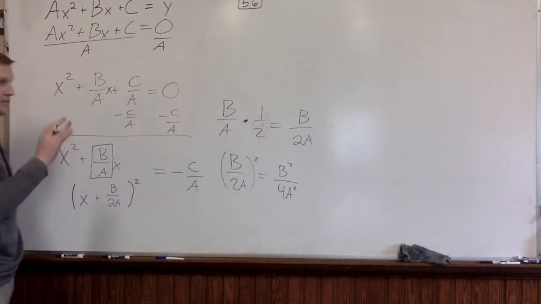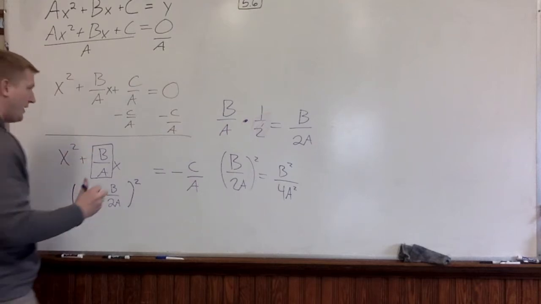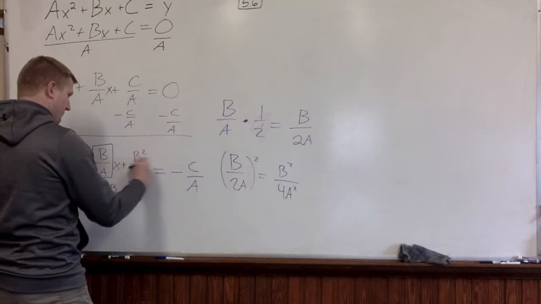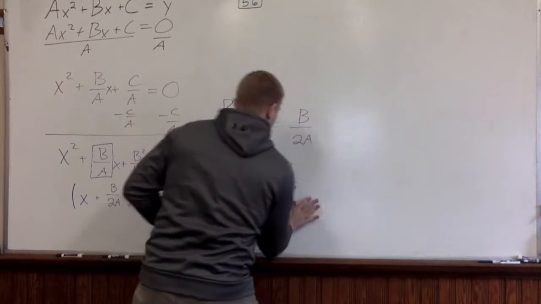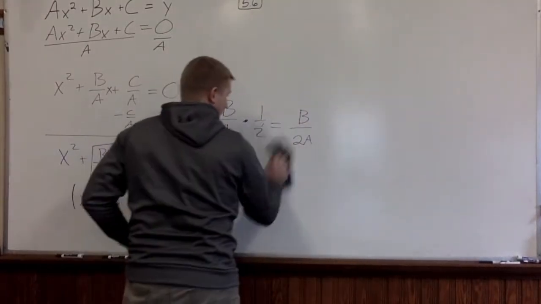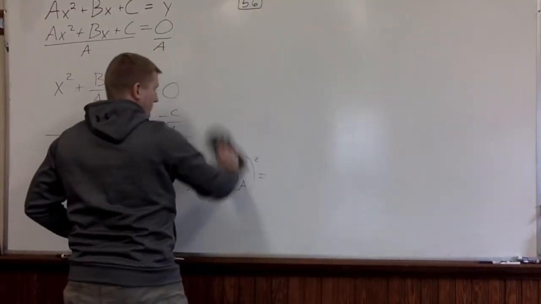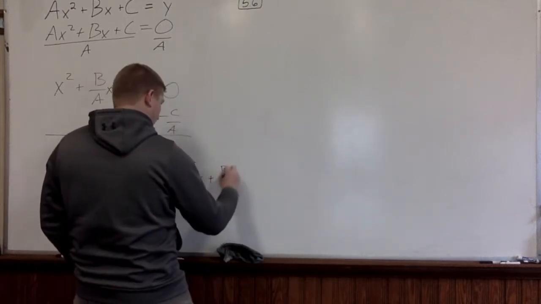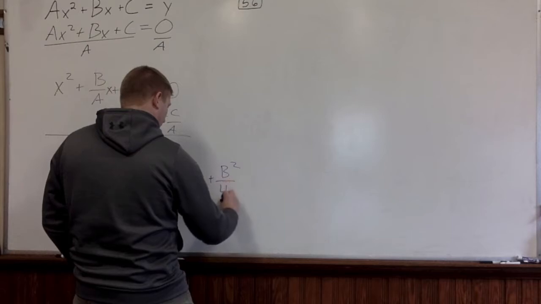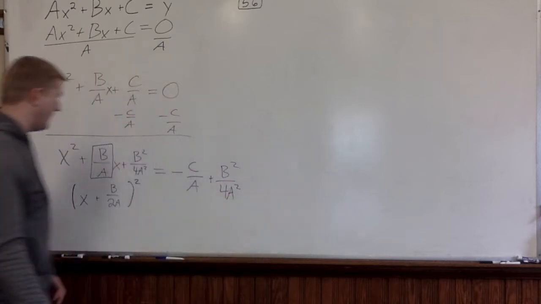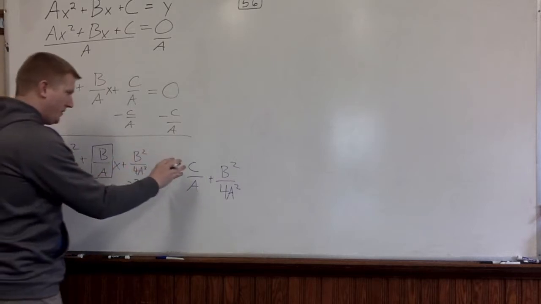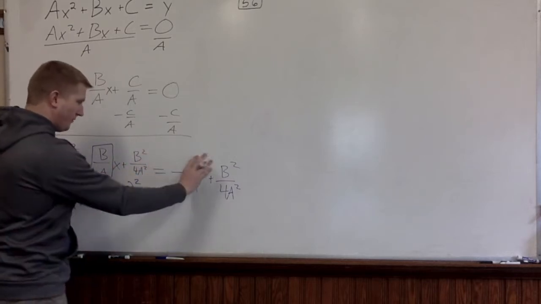Now, I'm going to add b squared over 4a squared to both sides. All right. Okay, good. And all right, so we're good up there.